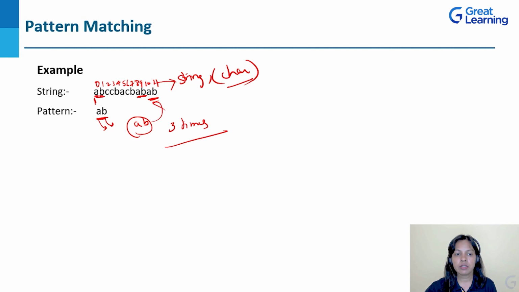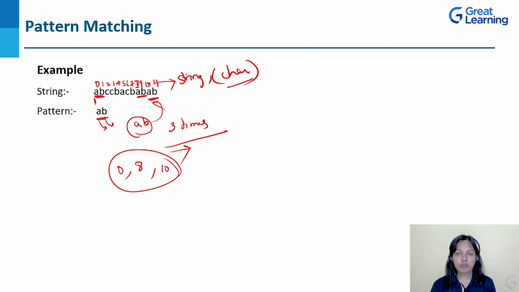AB starts from index 0, so at the 0th index AB is found in the given string. Then AB here also, so the starting index is 8, and then at index 10 it is also matching AB. So these 3 indexes are where the pattern AB matches in the given string. This is an example of pattern matching.